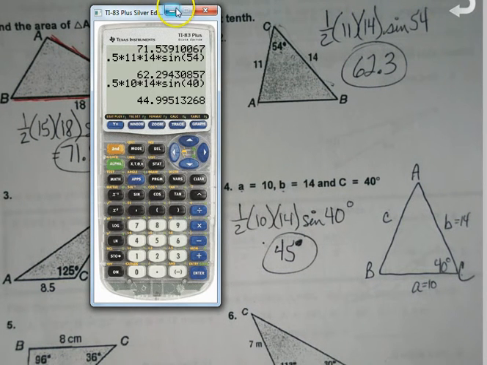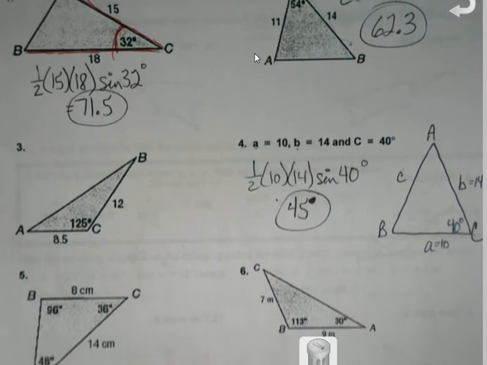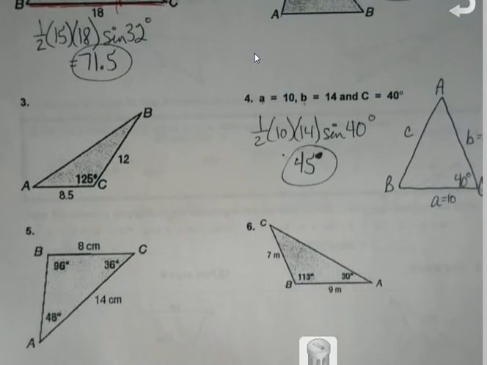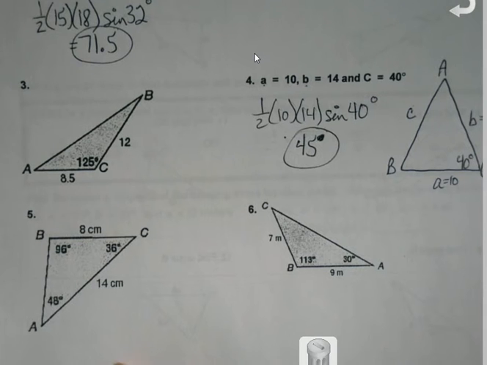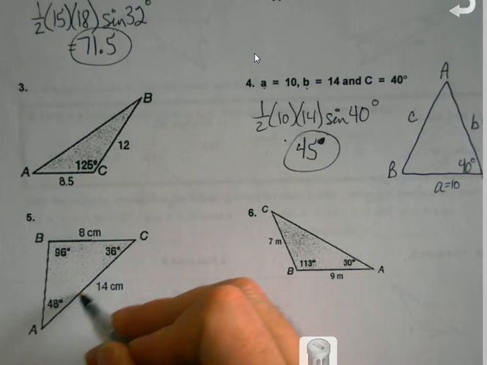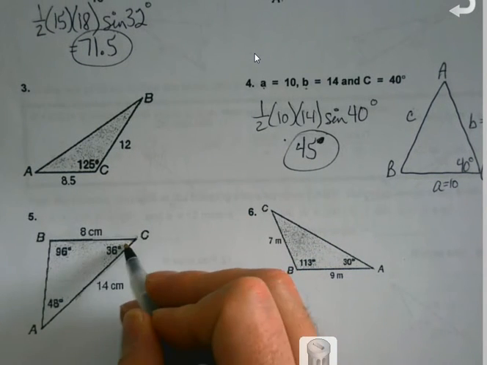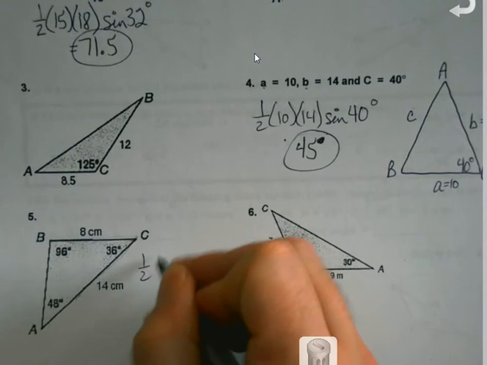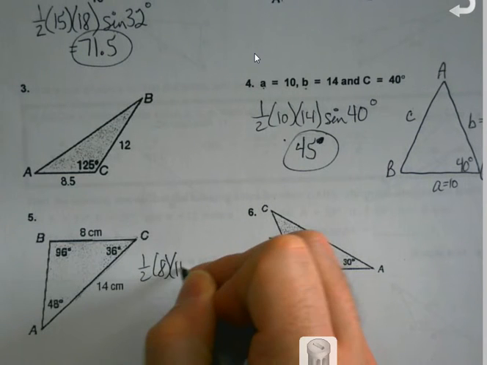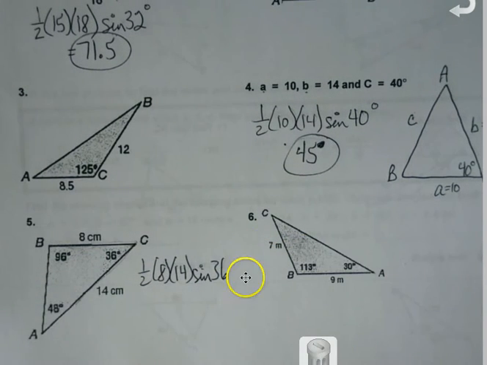Now again, be cautious. Sometimes you'll be given more information than you bargained for. Like number 5. Which one of those 3 angles am I going to be using? 36. I'm going to be using C because the 8 and the 14 create angle C. So it would be half of 8 times 14 times the sine of 36.